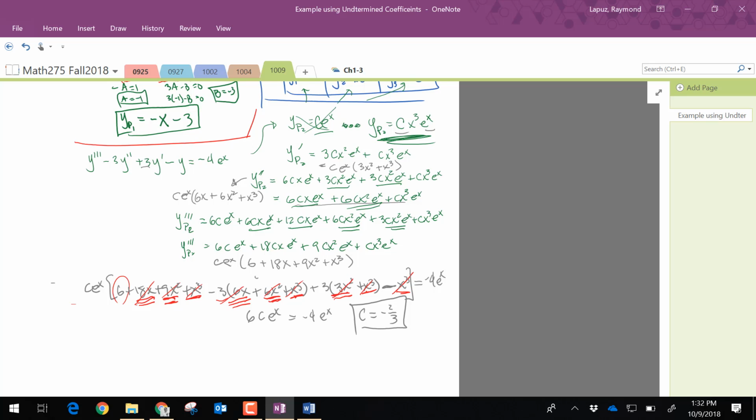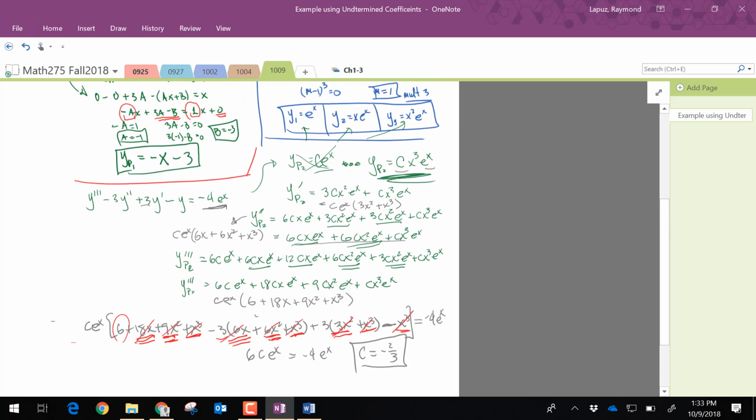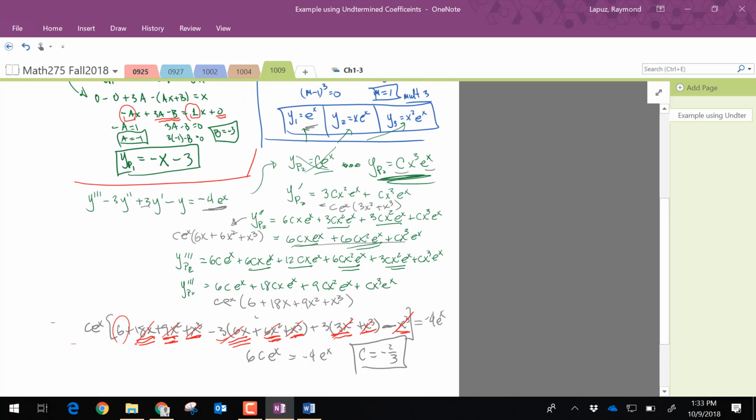Because the right-hand side of your differential equation is some number times e to the x. So you match up the e to the x, a constant times e to the x. Oh, because e to the x is linearly dependent with one of the fundamental solutions. And so we would normally multiply by x. We do that, we get another one. We do that, we get another one. So we have to do it 3 times.